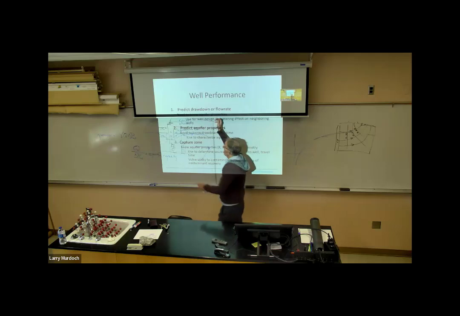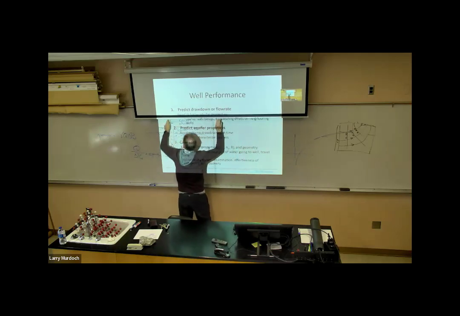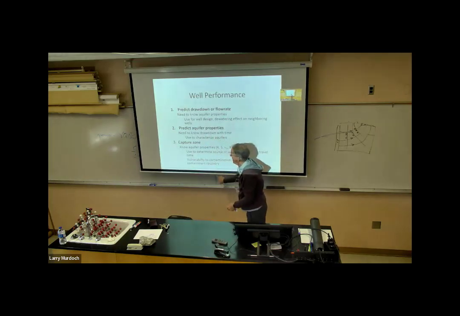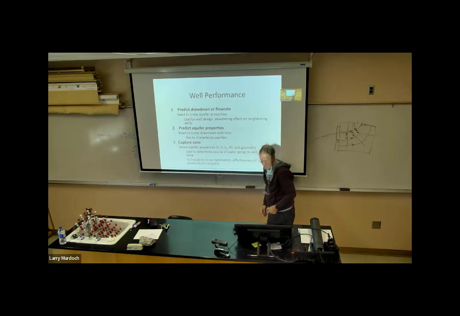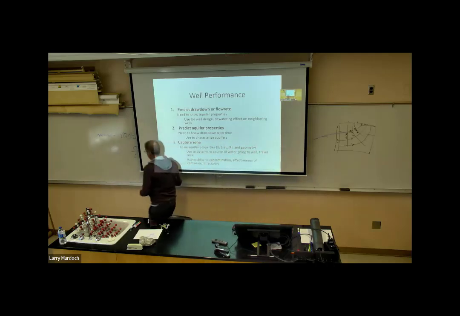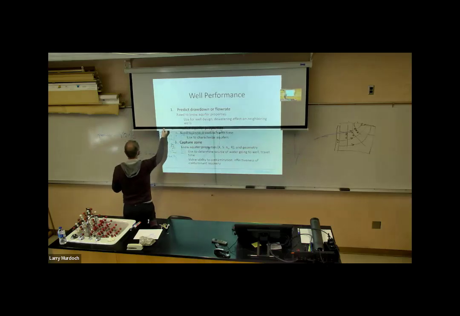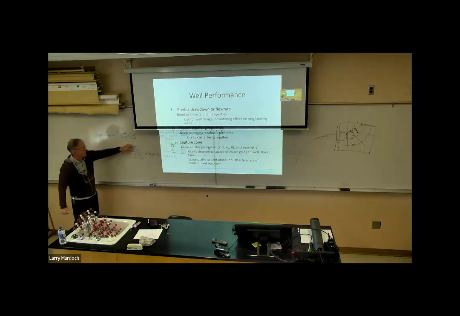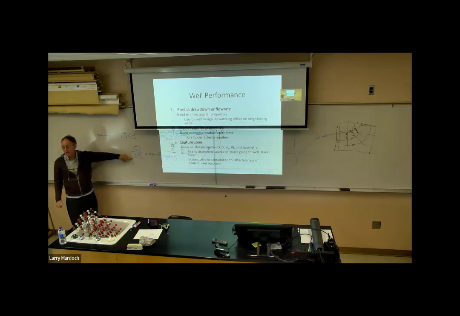Okay, so we've got a couple of ways of looking at well performance. One thing that we might want to do is predict the drawdown or the flow rate. The unit of the specific capacity. Specific capacity, well, the way you can think about it is it's the flow rate out of the well that you get per unit of drawdown.